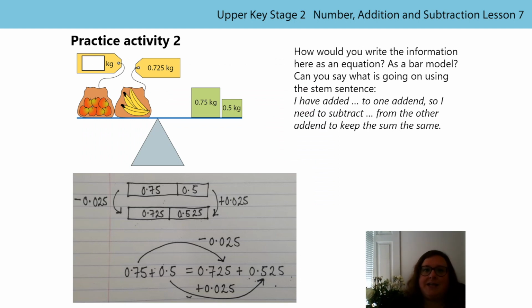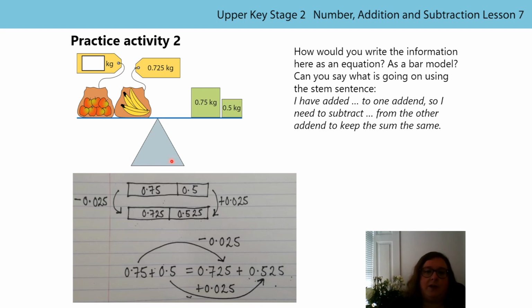Okay, the last practice activity was to explain the information in this diagram and to show it as an equation, perhaps as a bar model. You might have chosen to represent it in a different way, and to use the stem sentence to explain what's happening. So I'm sure you noticed the same thing as I did first of all, which is that this represents a balanced equation.